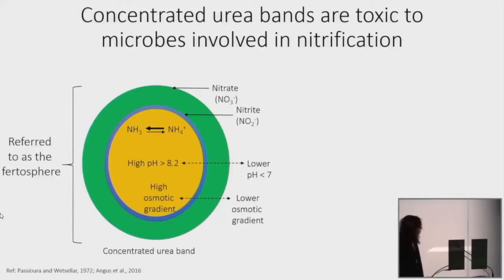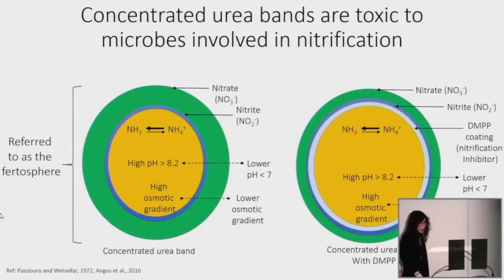In the diagram shown on the left, the delayed nitrification effect is achieved as the central part of the fertilizer band becomes an unfavorable environment for soil microbes involved in the nitrification process. And this effect is attributed to a high osmotic gradient, high pH, and high ammonium and ammonia in the band.